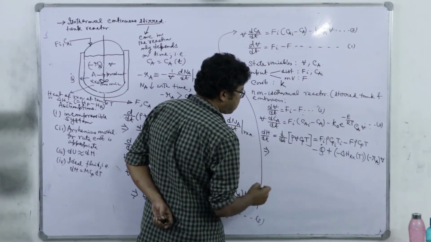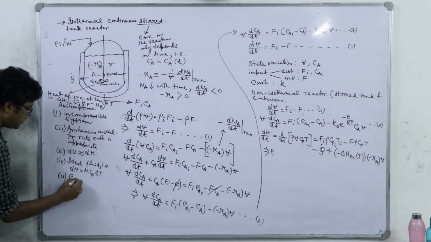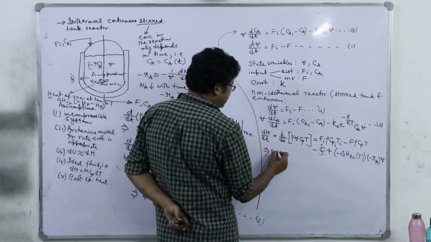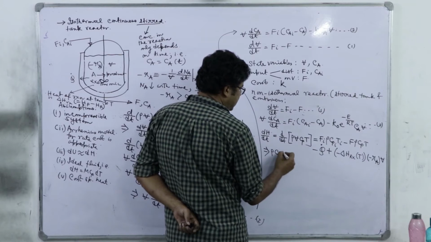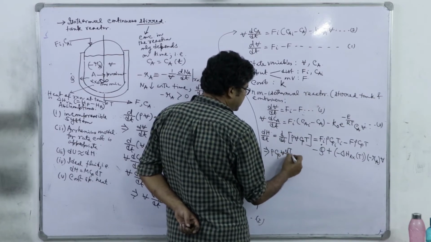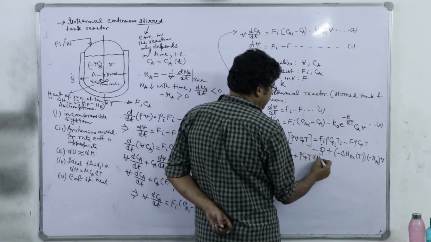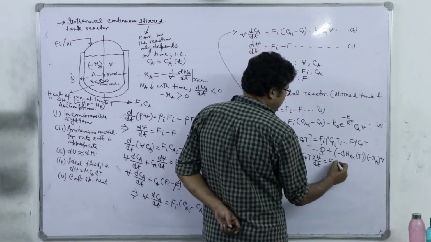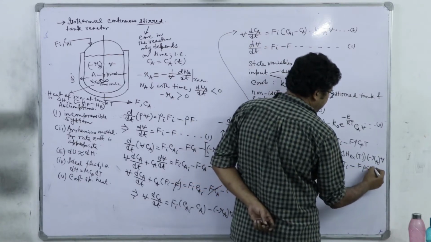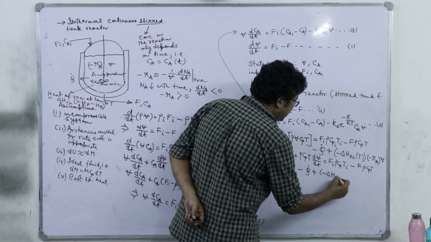Now we have this assumption of constant specific heat, and with that assumption we can write rho Cp V dT dt plus rho Cp T dV dt equal to Fi rho Cp Ti, as Cpi and Cp are the same, minus F rho Cp T minus q dot plus this minus of delta H Rx.